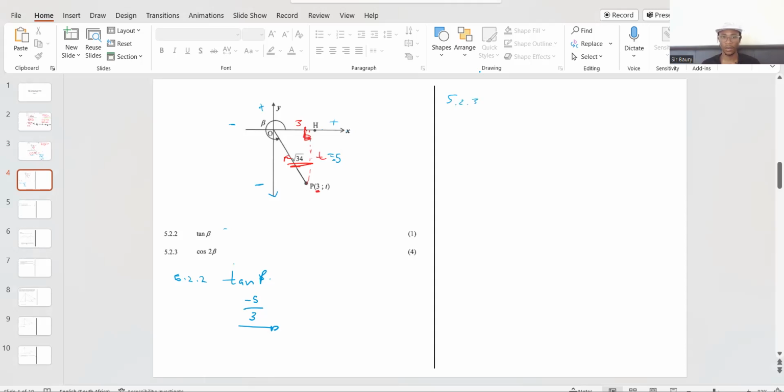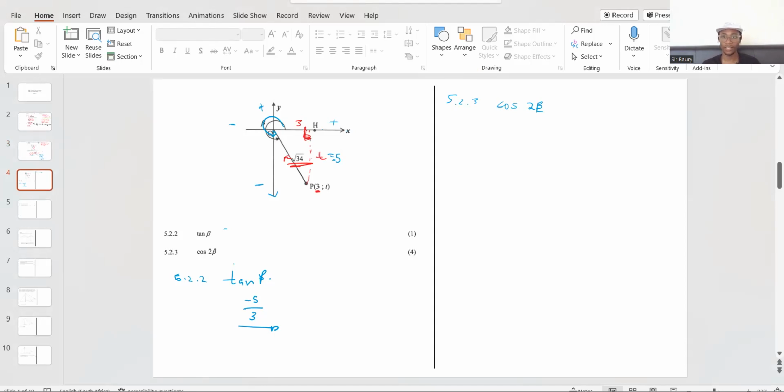Then we have 5.2.3, cos 2 beta. Good. Now, we cannot substitute 2 beta because we only have beta. Here it's only beta, not 2 beta. So the best thing to do is to use the reduction formula, to use the identity, because this has an identity.